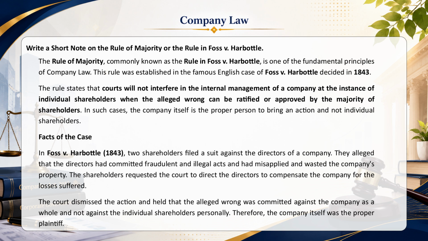The shareholders requested the court to direct the directors to compensate the company for the losses suffered. The court dismissed the action and held that the alleged wrong was committed against the company as a whole, not against the individual shareholders personally. Therefore, the company itself was the proper plaintiff.